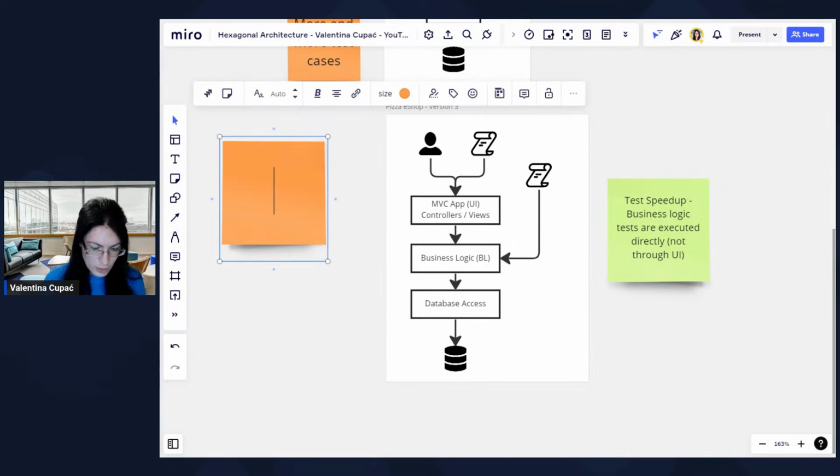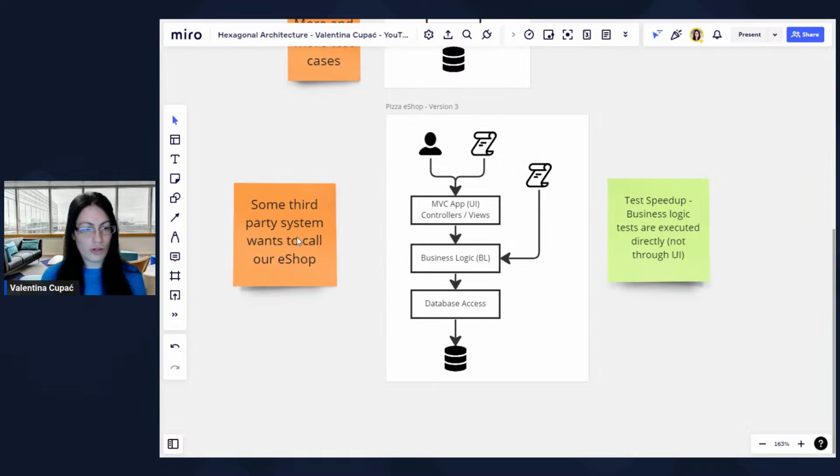So the business requirement is some third-party system wants to call our eShop. As we mentioned, we are making a pizza eShop, but there's another really big global company.